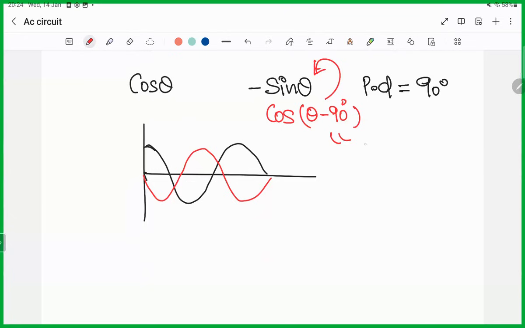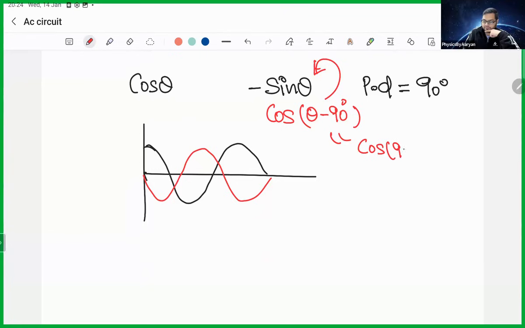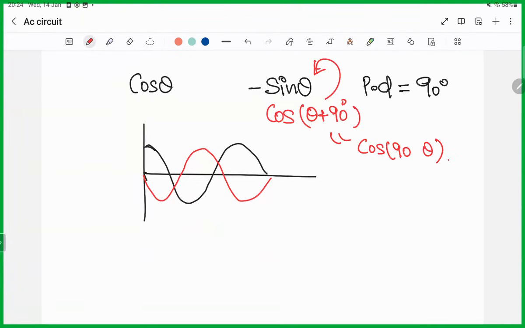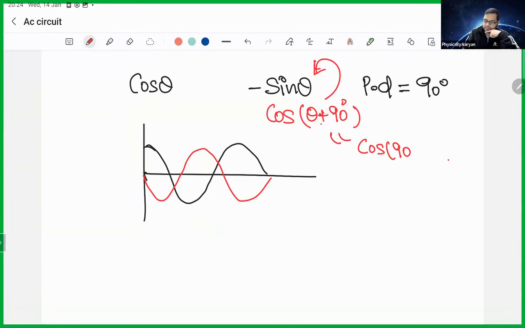Yes. cos थीटा minus 90 will be cos 90 minus थीटा. ठीक है. और cos 90 नहीं, ये थीटा प्लस 90 करना पड़ेगा. It will give sin theta. तो नहीं, यहाँ थीटा प्लस 90 करना पड़ेगा.